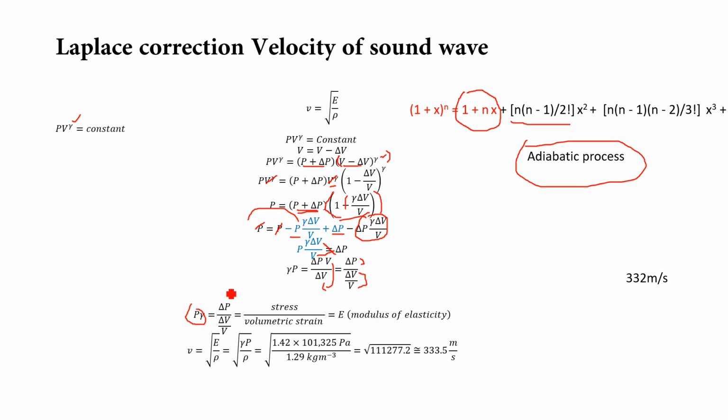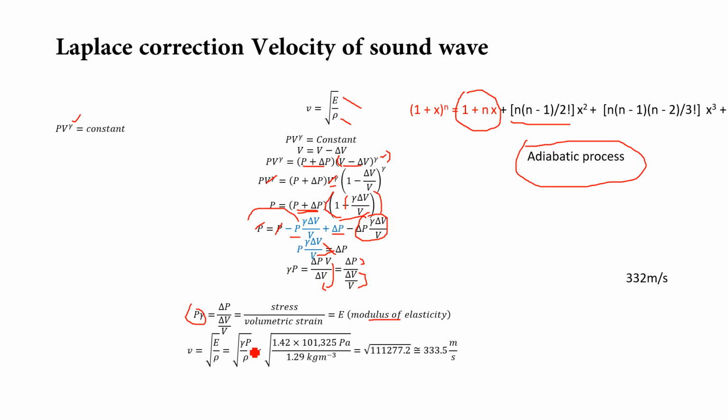Now substituting the value of gamma times pressure in the velocity of sound wave equation, which is V is equal to under root E divided by rho. This E is the modulus of elasticity, and this rho is density of the medium.